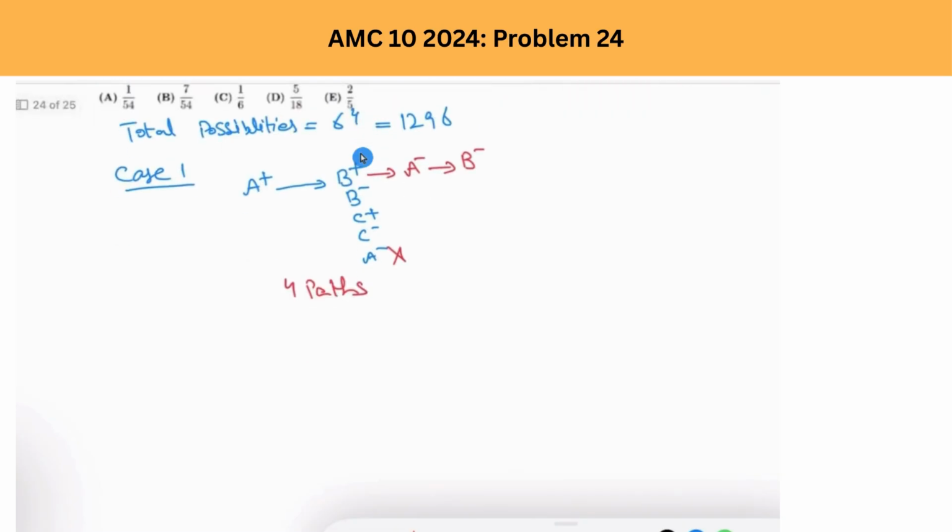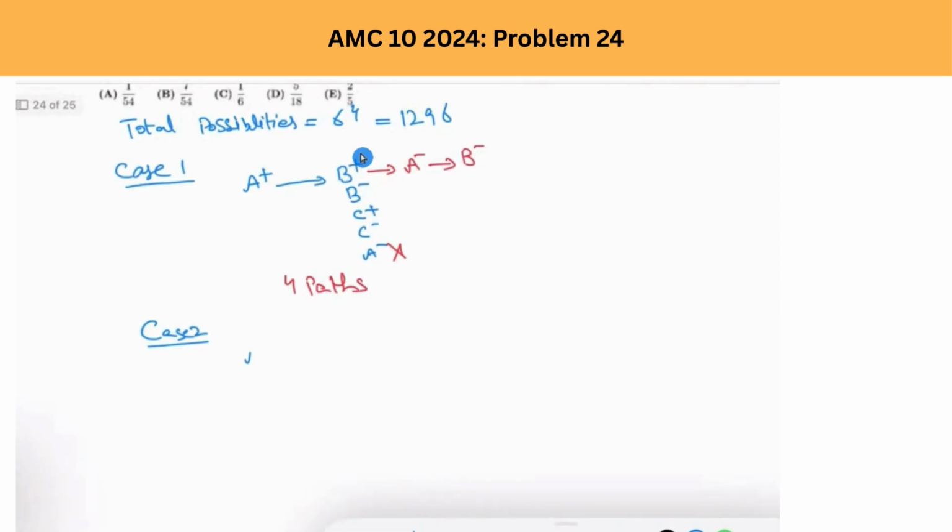Now let's look at the second case, case 2. In case 2, we are considering that all 3 axes are involved. So if we consider all 3 axes, let's say it starts at A plus, then the next step can be B plus, then A minus.